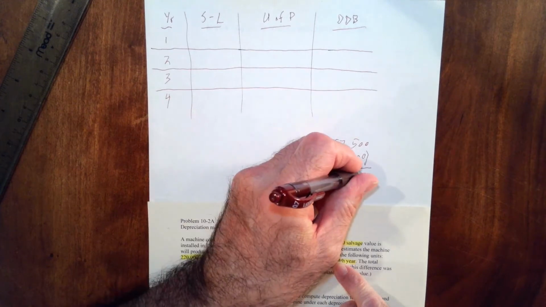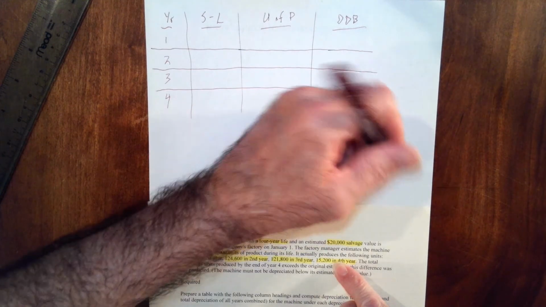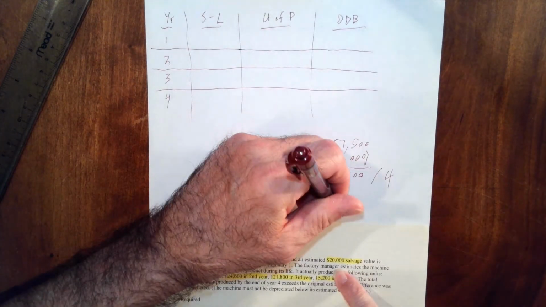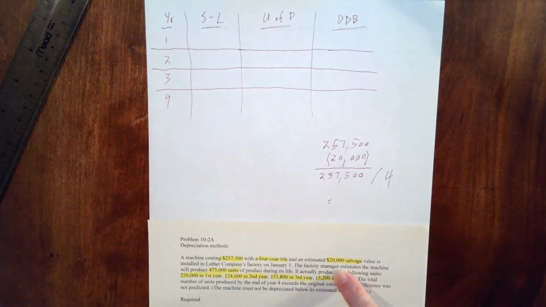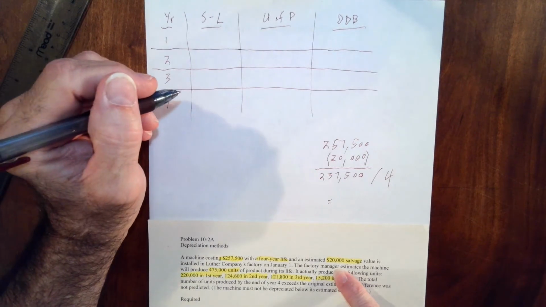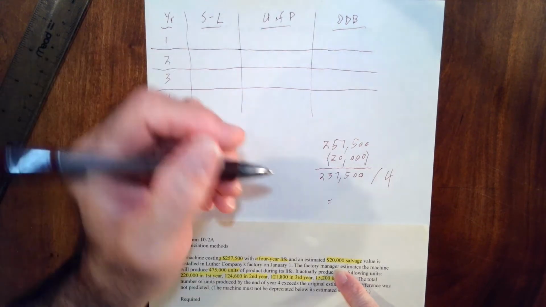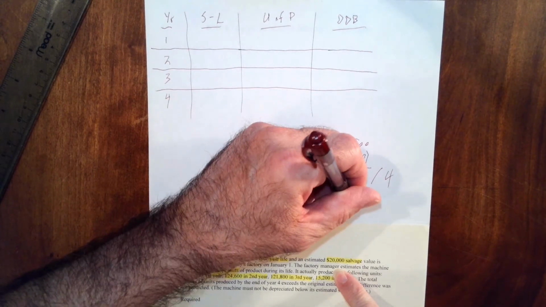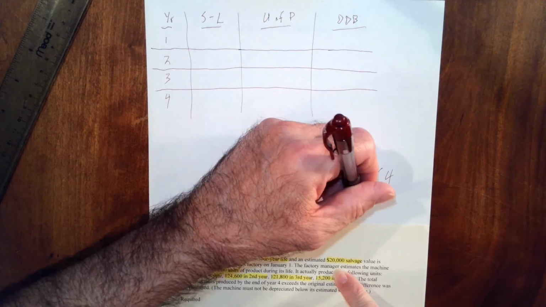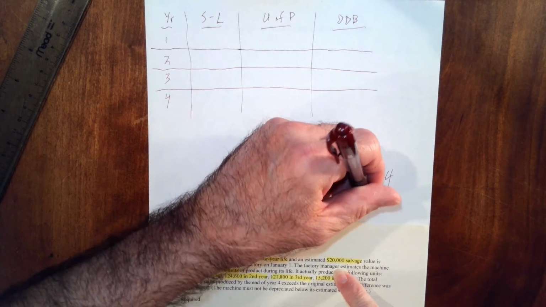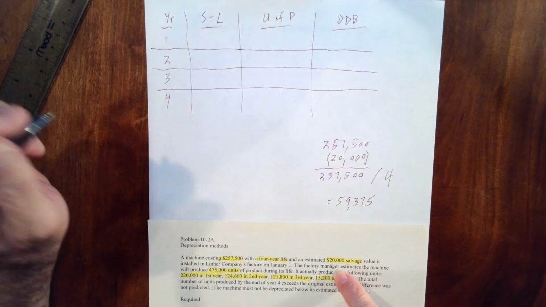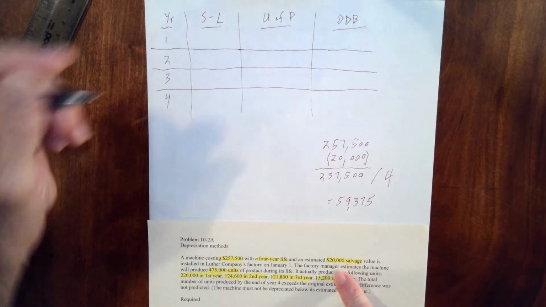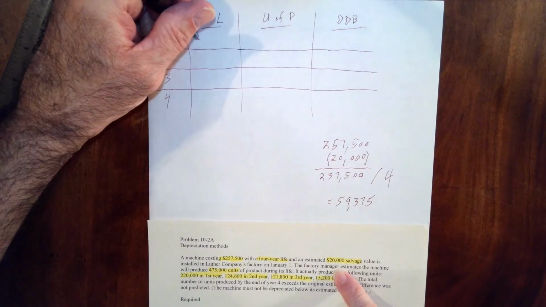So I simply will take this and divide it by 4, the number of years, and I come up with the amount that I'm going to depreciate every year. And that dollar amount is going to be $59,375, just like that, $59,375. Okay, and that's what I'm going to put for each year.